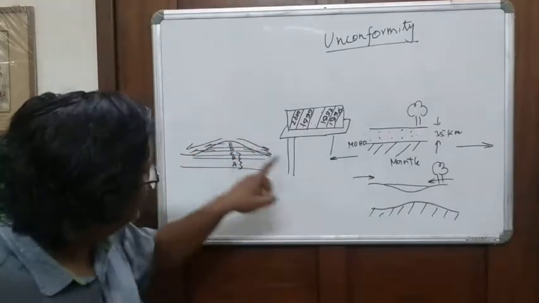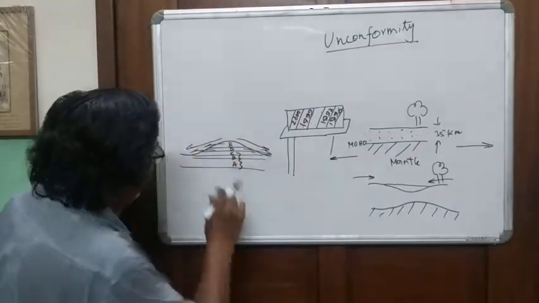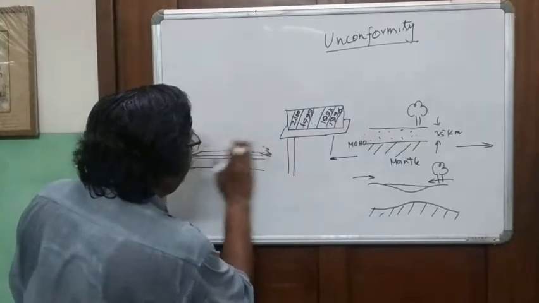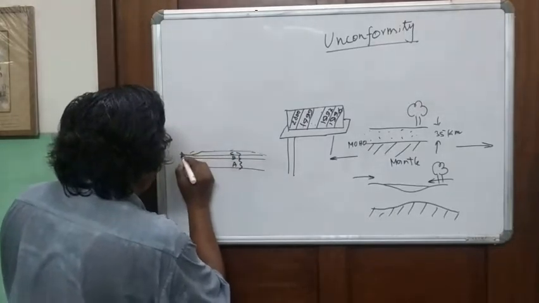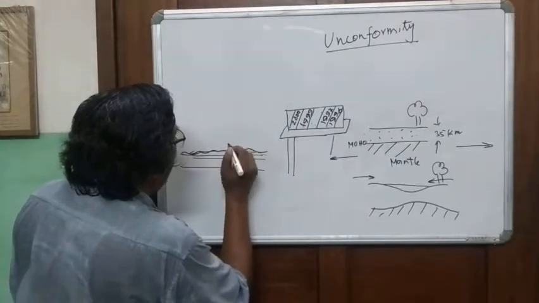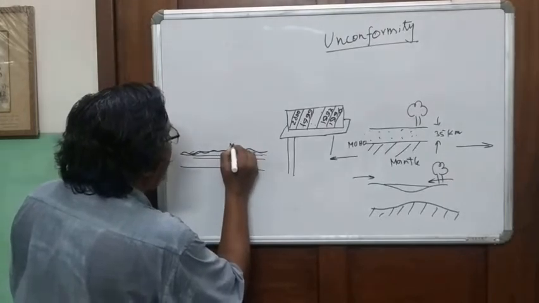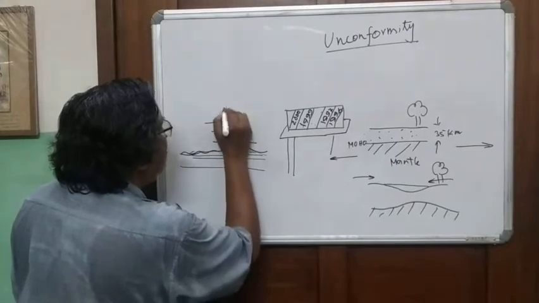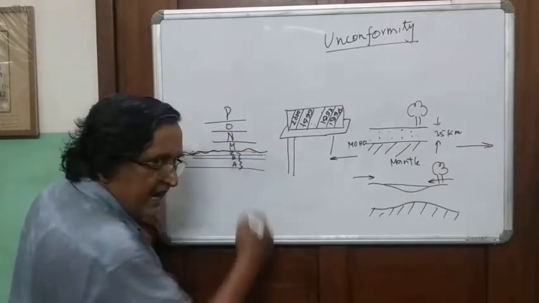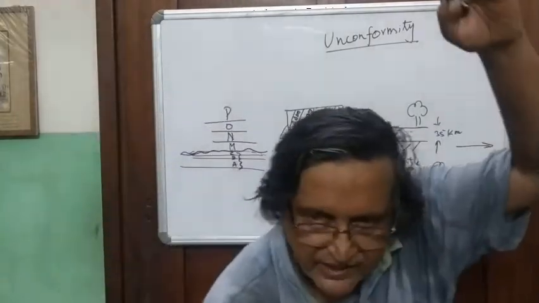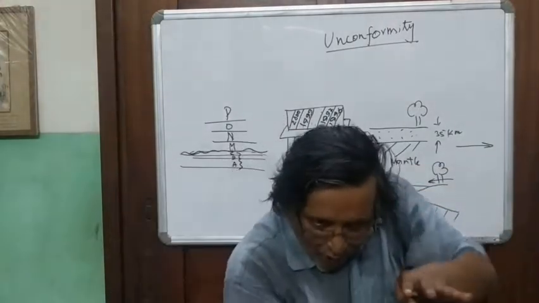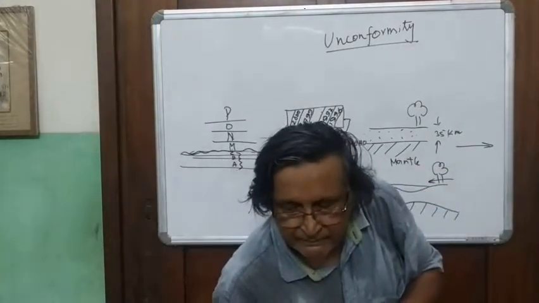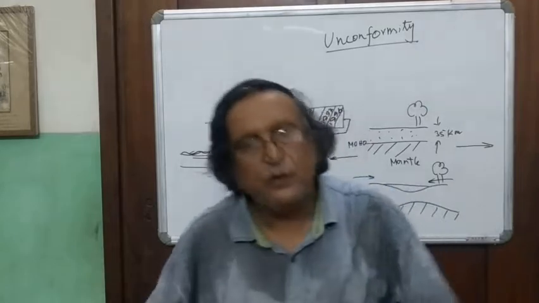So if A, B, C is there and D, E is not there, and then there is a surface above which you have M, N, O and P, in between you had a sequence of sediments which were a record of a particular time, but right now it has been eroded away.